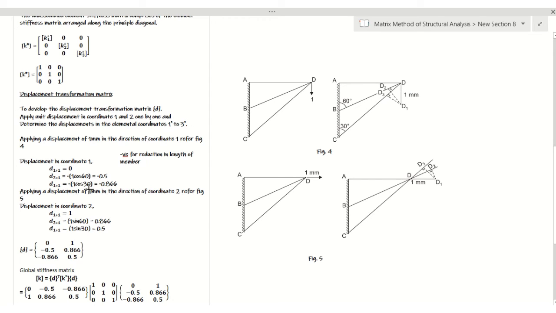So that comes out as 0.866, minus again, because this member length will be shortened when you apply unit displacement in vertically downward direction along the global coordinate. The member CD will get shortened over there. So for that purpose, a negative sign has been assigned over here.